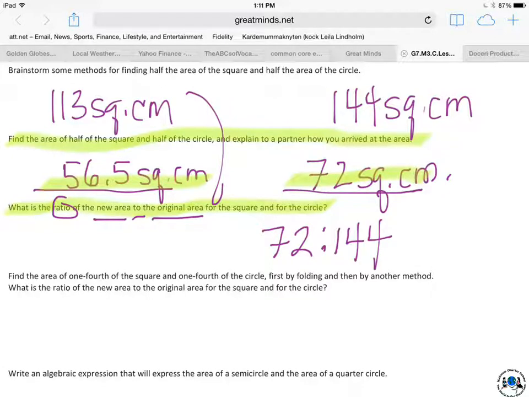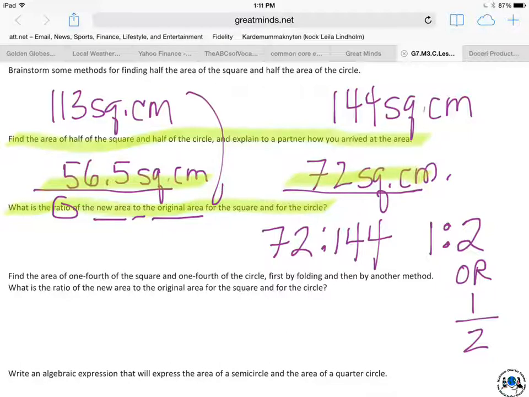If you divided those out, you would see that this ratio is 1 to 2. A ratio could also be expressed as 1/2, because that's exactly what 1/2 says, 1 to 2. So for every 1 unit in the new area, there are 2 units in the original area.